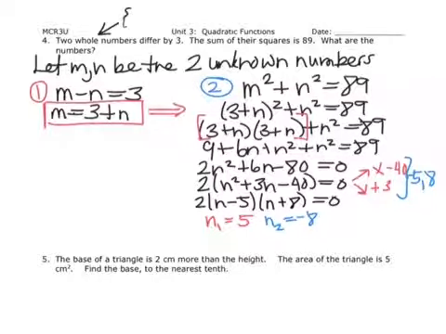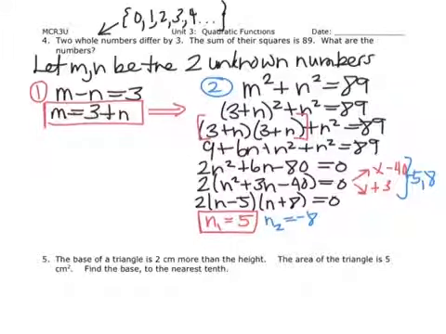A whole number is a set of numbers 0, 1, 2, 3, 4, etc. So because this question said that the numbers have to be whole, that means that the only reasonable solution is this first n that we found. This one is not a whole number. Not a whole number.